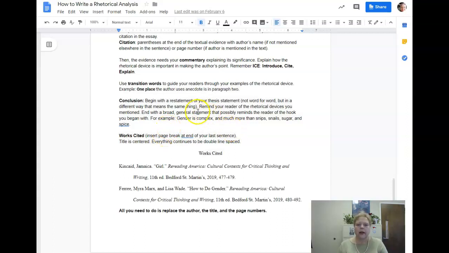So remind your reader of the rhetorical devices, and then you end your conclusion with a very broad statement that gives maybe the reader something to think about. Don't take it off in a new direction, but keep it focused. What I did was, in the sample essay that I did, I started with that old saying of snips and snails and puppy dog tails and narrowed that down to the focus of the point of the author was that gender is flexible.